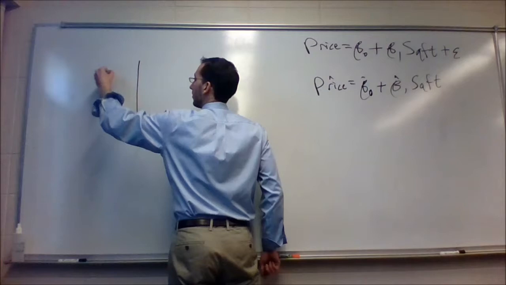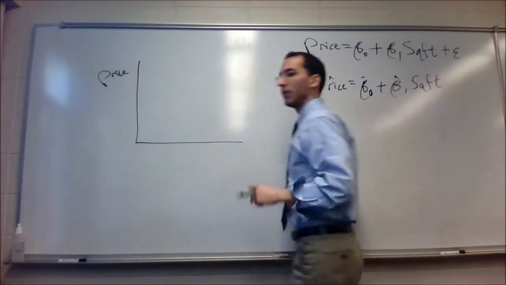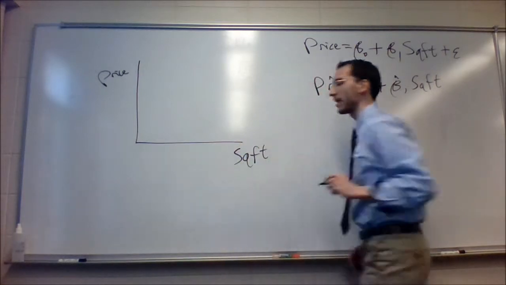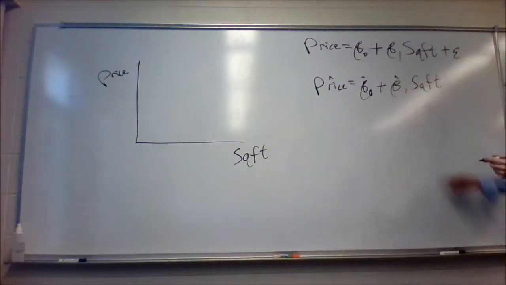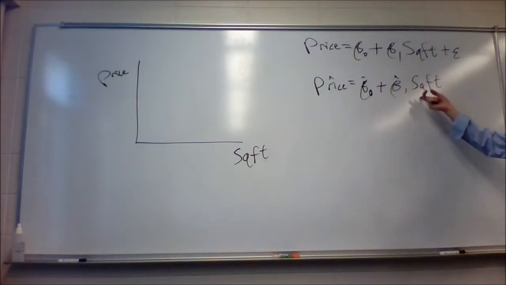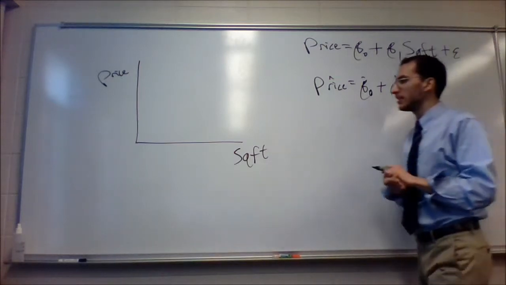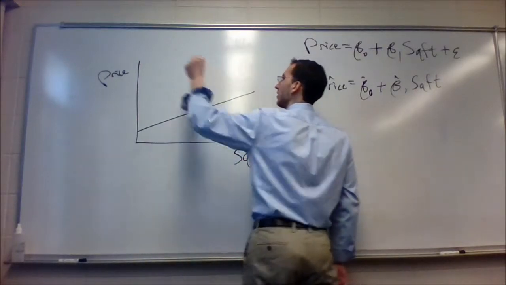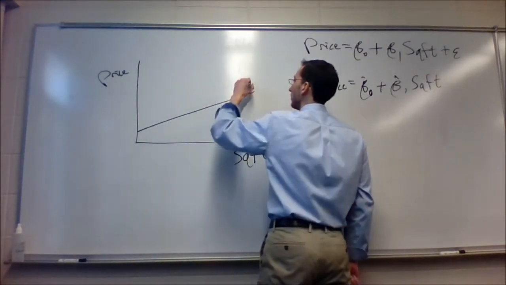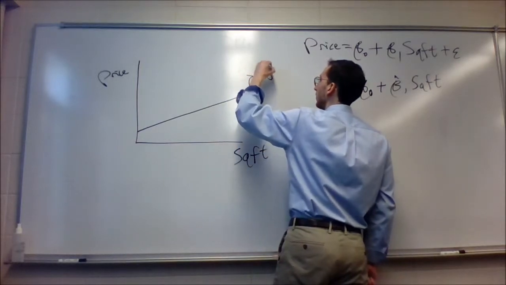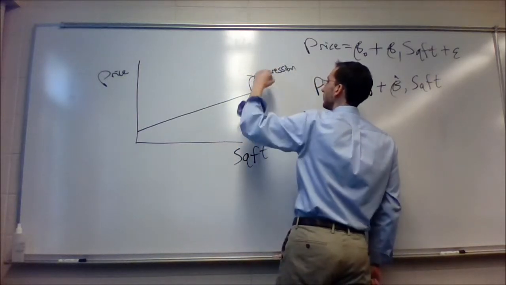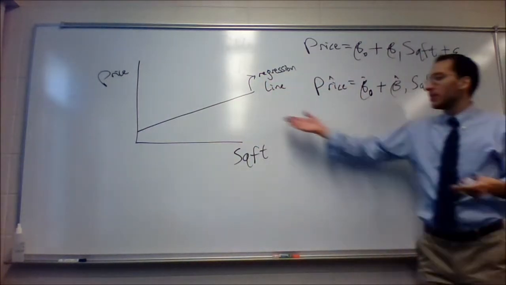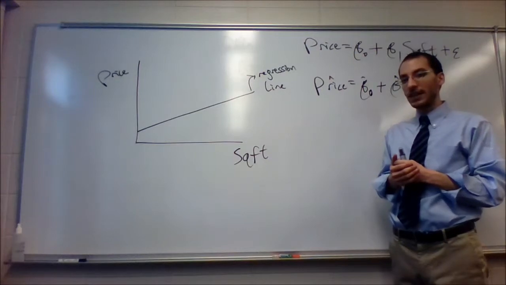Because I can put my response variable on my y-axis, I can put my explanatory variable on my x-axis, and then I can plug in different values for square feet based on my data, and I can get a linear regression line. So that's how we thought about this before in the simple linear regression case.